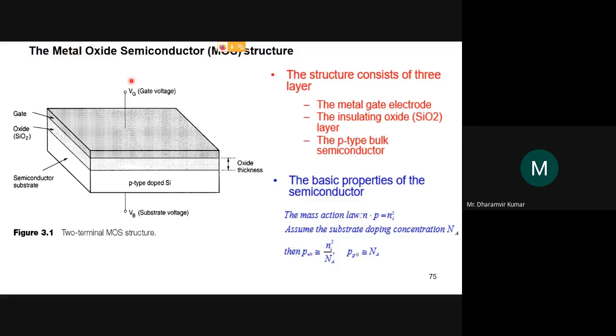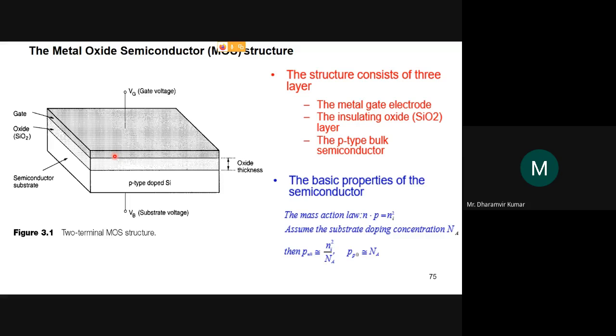Now, if I talk about the dimensions of this particular MOS structure, the actual dimensions will be very small. Since we know that researchers are working in the nanometer domain, all these thicknesses, lengths and widths will be in terms of nanometers.